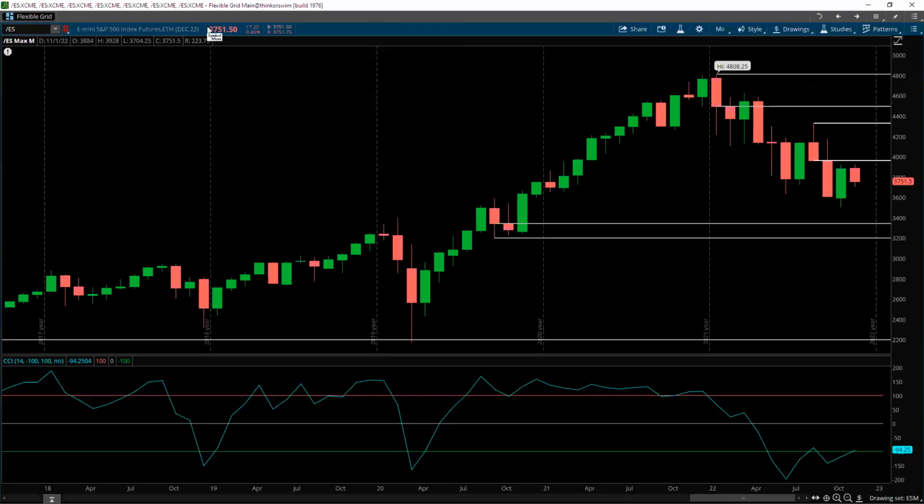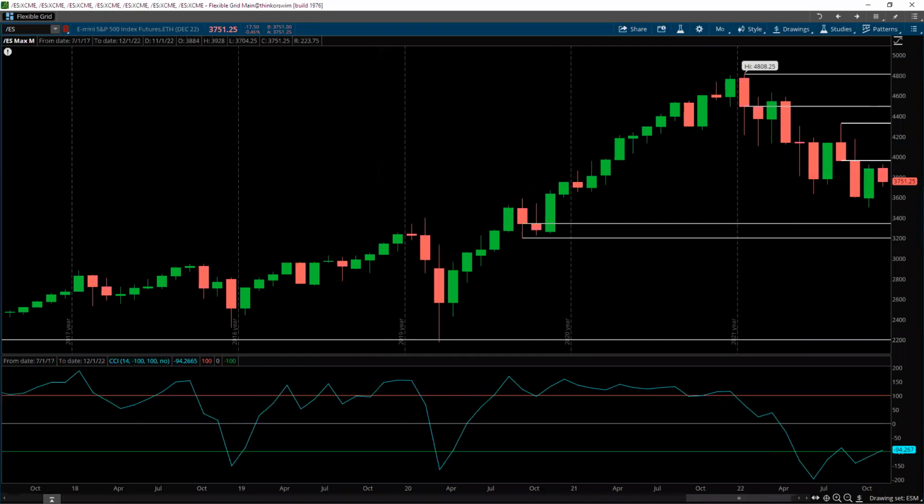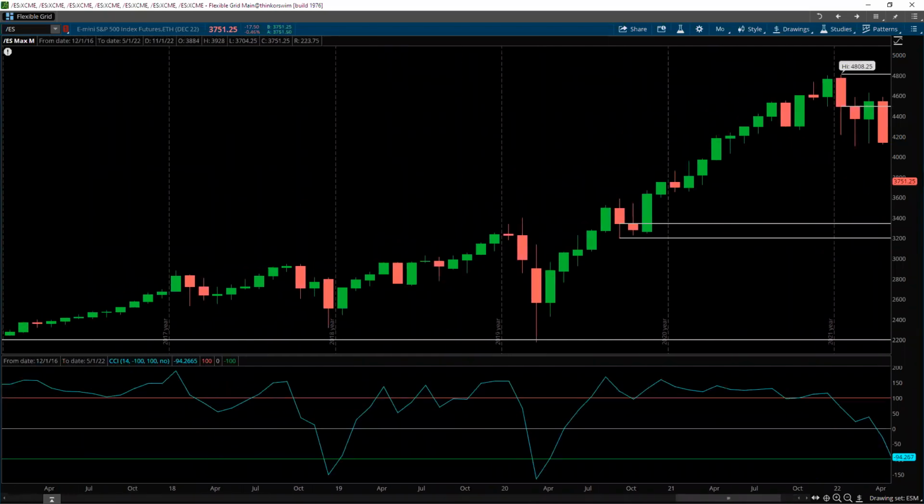Now, if we look on the monthly chart, I want to take you through this step by step so you can see what a top looks like and the way that we analyze it. I'm going to give you a 3-pronged approach on a backdrop of multiple time frame analysis that we use to analyze every market.